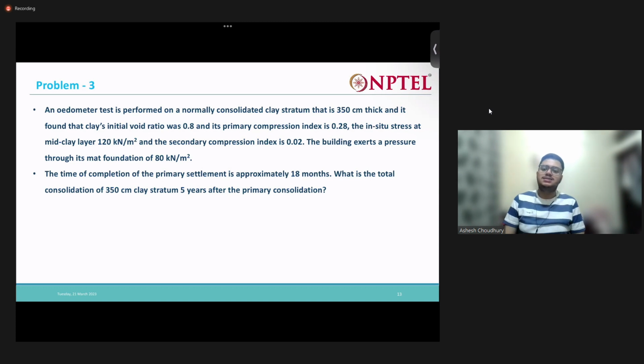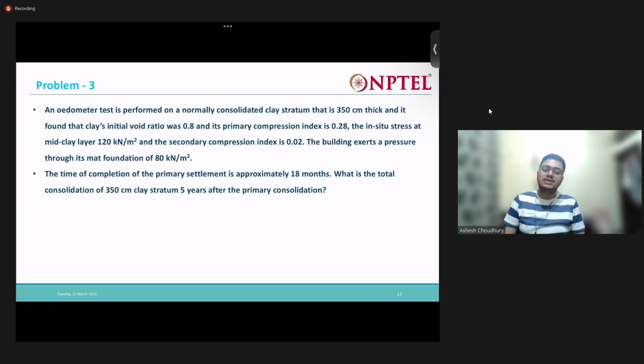The building exerts a pressure through its mat foundation of 80 kilonewton per meter square. So there is a mat foundation, and the building is exerting this 80 kilonewton per meter square pressure on the soil through its foundation. The time of consolidation of the primary settlement is approximately 18 months.